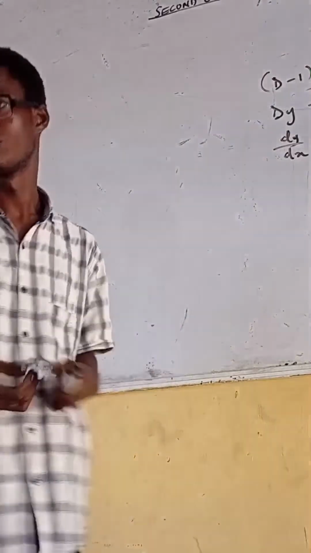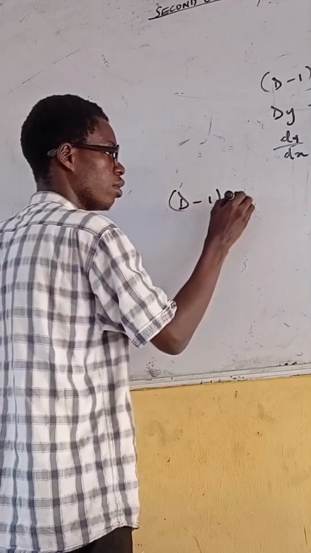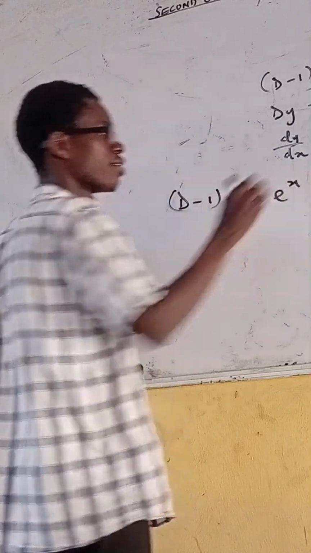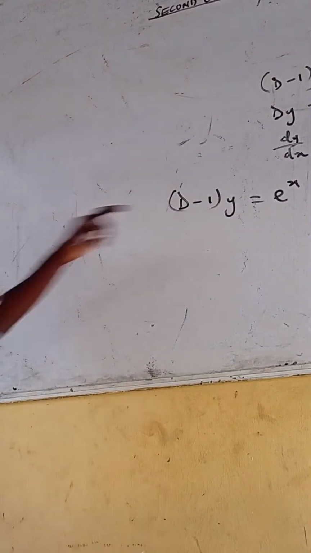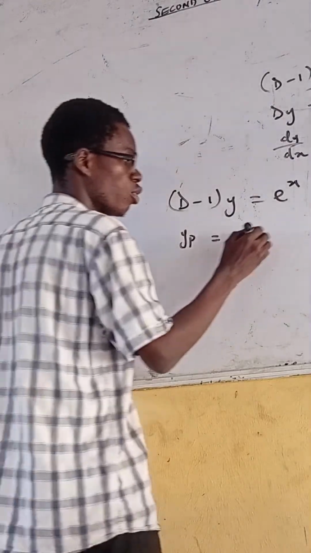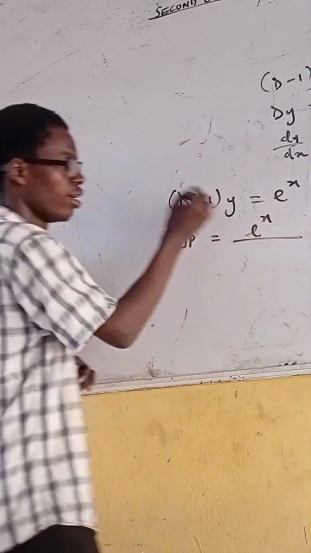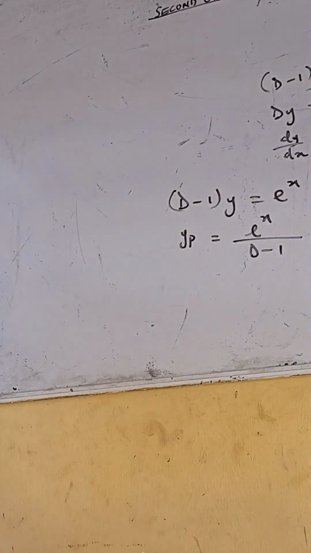Now look at this function. Let's say we have something like (D minus 1)y equals e raised to power x. Where the inverse operator now comes in is that I can say my particular solution yp equals e raised to power x over D minus 1. Do you get that?